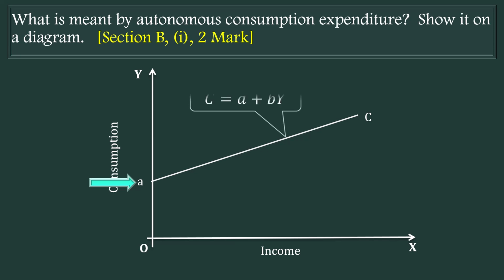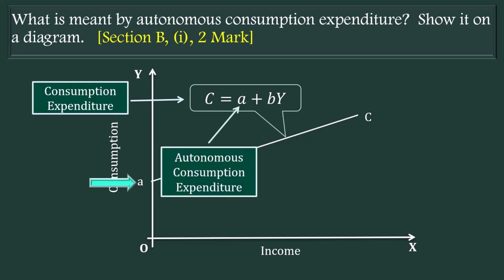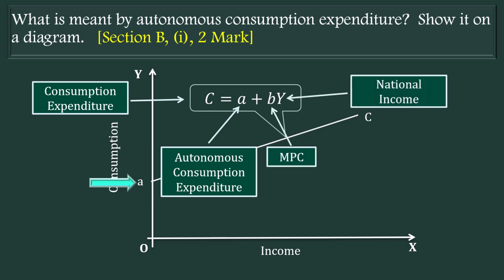The consumption curve is governed by the function C equal to A plus bY. Here, C is consumption expenditure, A is autonomous consumption expenditure, b is marginal propensity to consume, and Y is income.